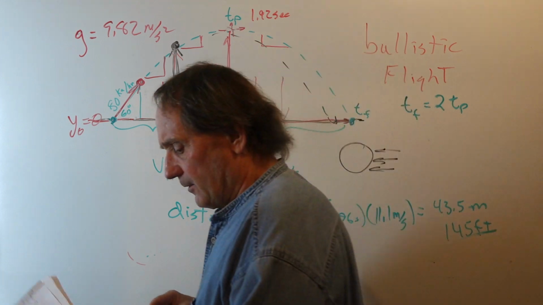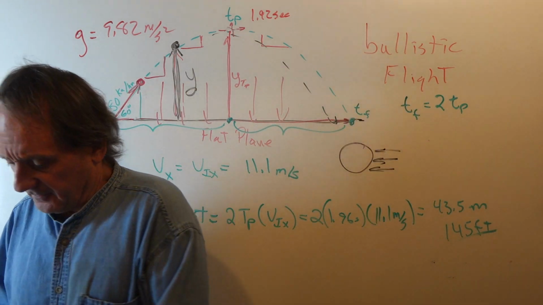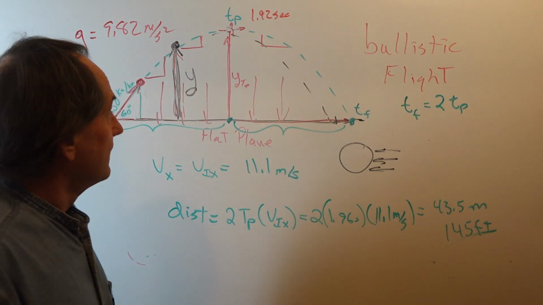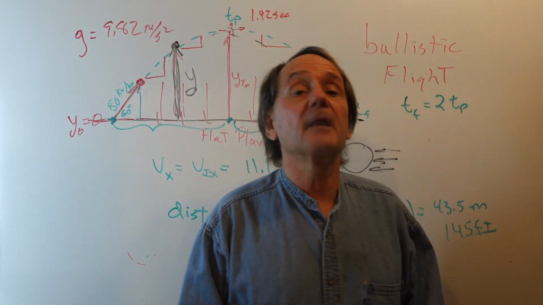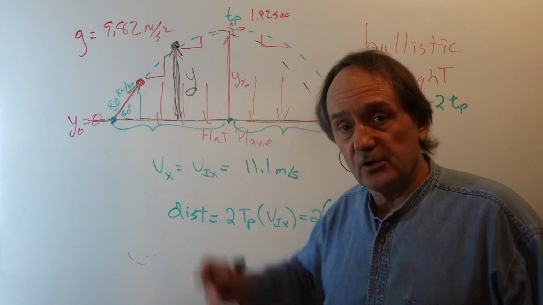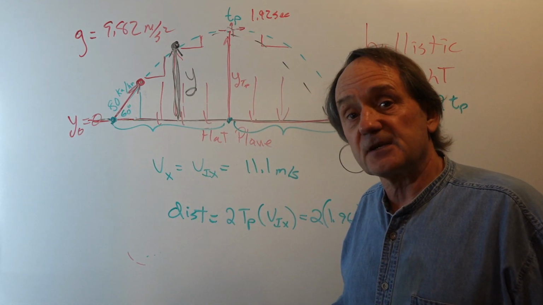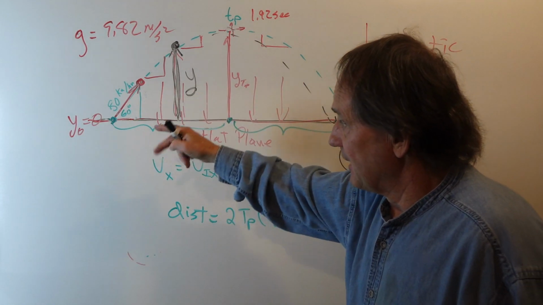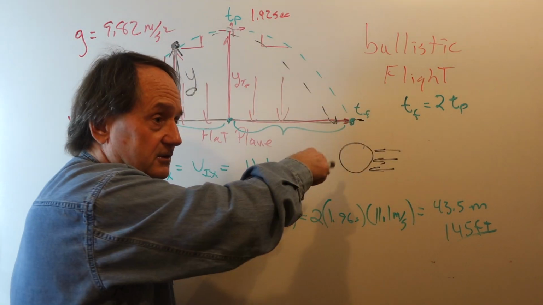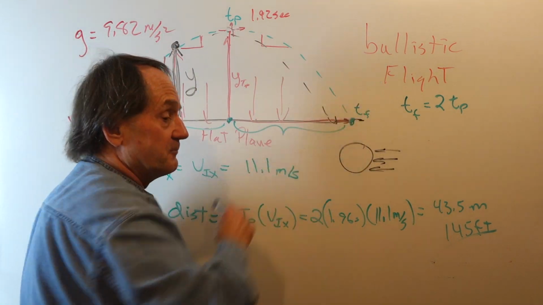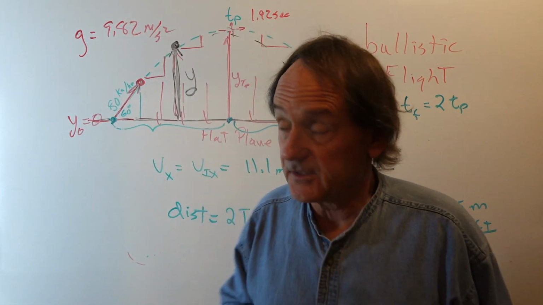Now, there are some people out there that think gravity doesn't exist, that there's no such thing. Well, I'd like to see you solve the problem using buoyancy and density. I'd like to see someone solve a trajectory problem, a ballistic flight problem, using buoyancy and density.